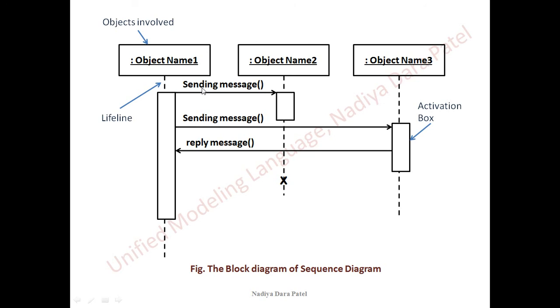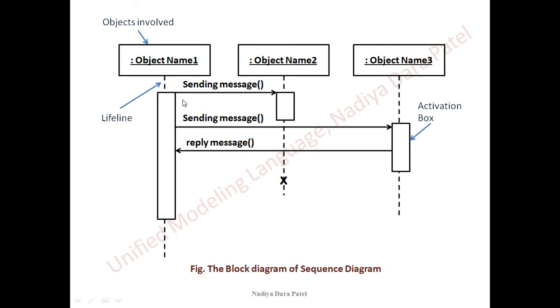One thing which you should note and remember is, when you are sending a message from one object to another, that means you are activating the other object. So while drawing the arrow and while placing the activation box, here is the sending message. As soon as the message is received, this object will get active, and then its activation box will be drawn.